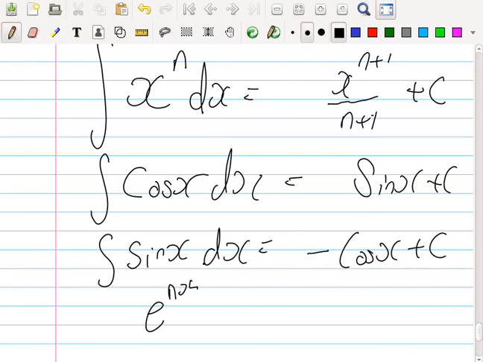What do we do here? Derivative. You just bring the n down in front, and that's it. So what do you think the antiderivative rule would be? Instead of multiplying by n, we divide by n.